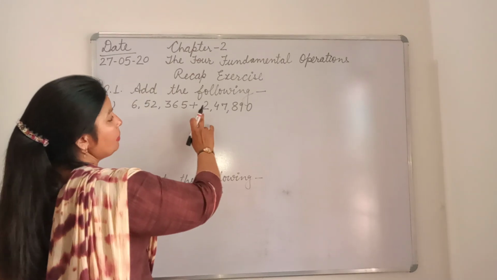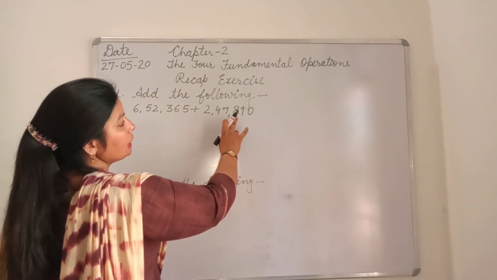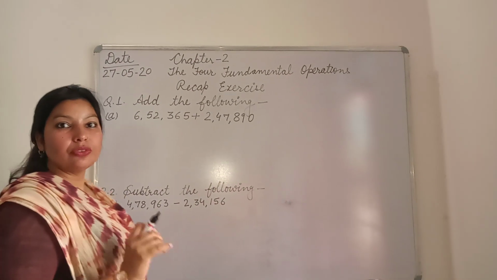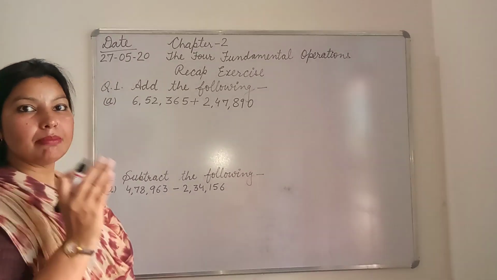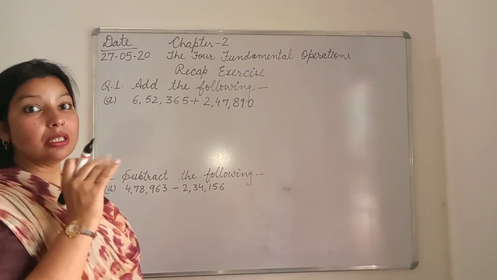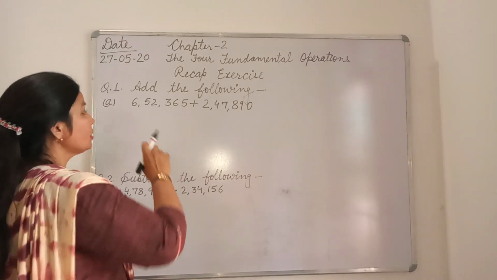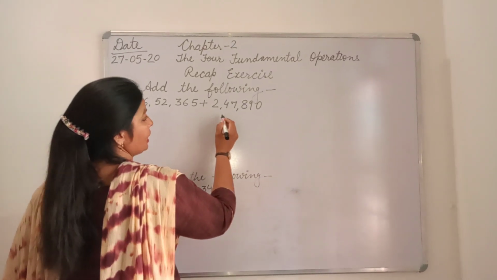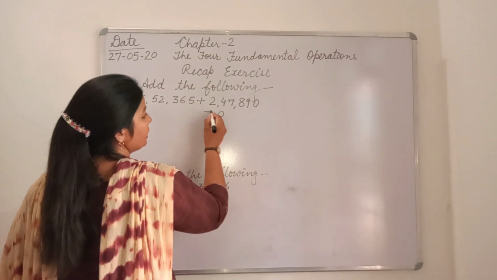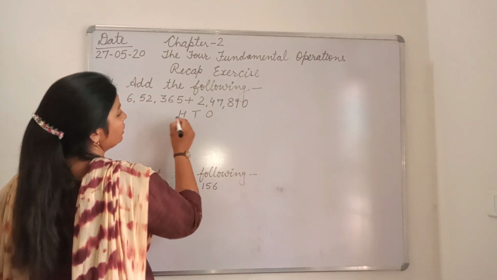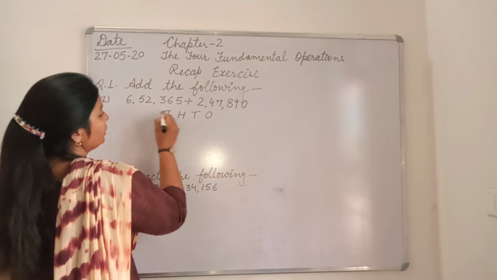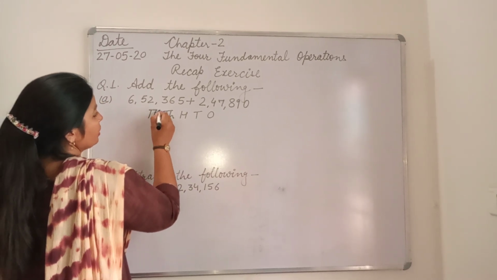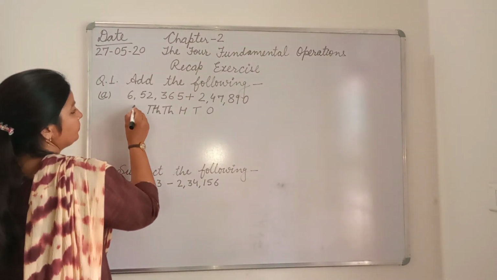So here part A is given: 6,52,365 plus 2,47,890. For that, first of all we should arrange them up and down in columns. Since the numbers go up to lakhs, we put columns for ones, tens, hundreds, thousands, ten thousands, then lakhs.